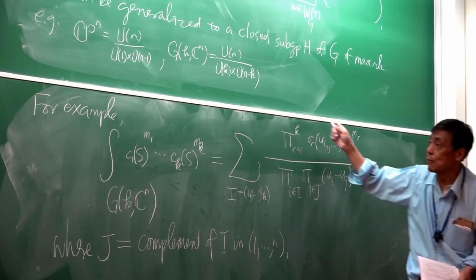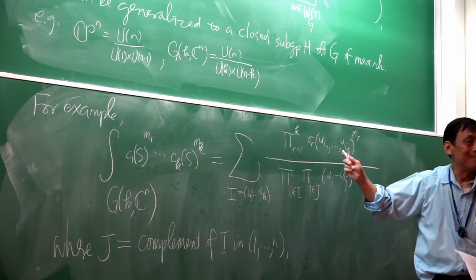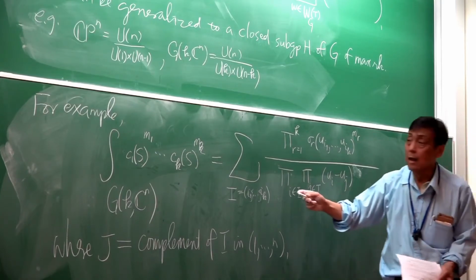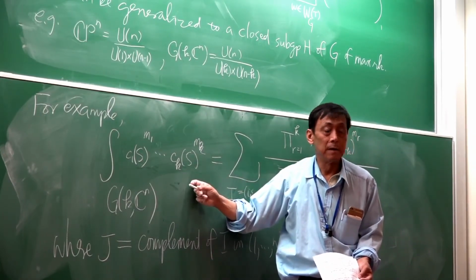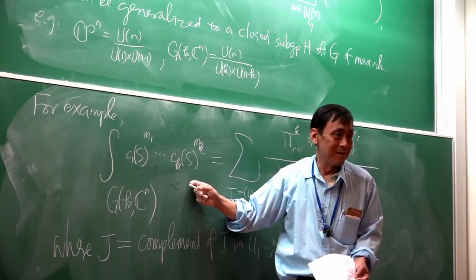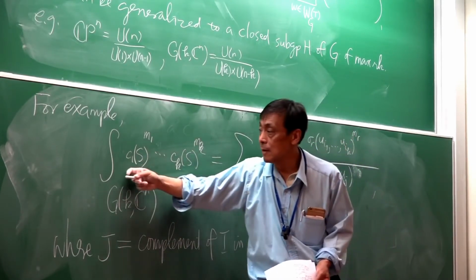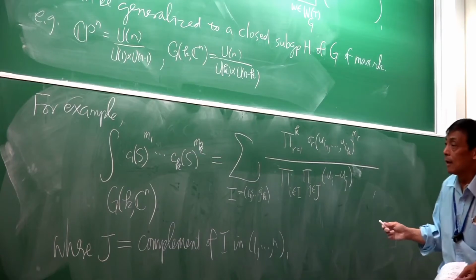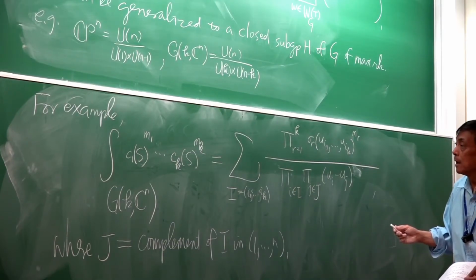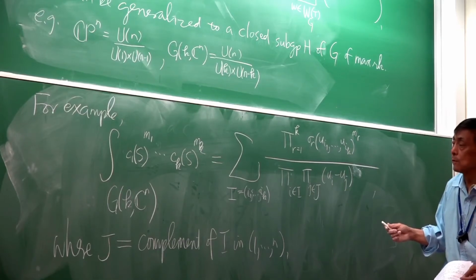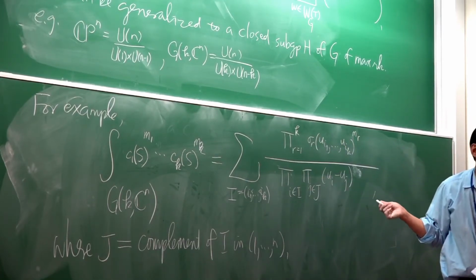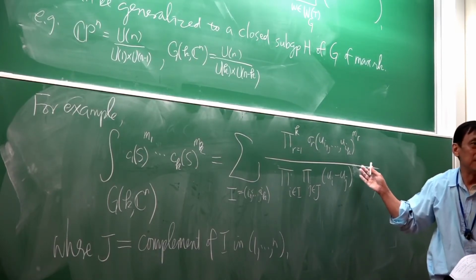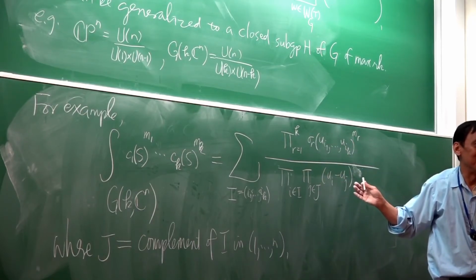As you can see, this is a rational expression in the u's. But it actually should be an integer, because these are integral cohomology classes. When you integrate, you should get an integer. If you apply the localization formula, you'll get a big rational expression, but then you can use Mathematica to simplify this, and you'll find that it's an integer.